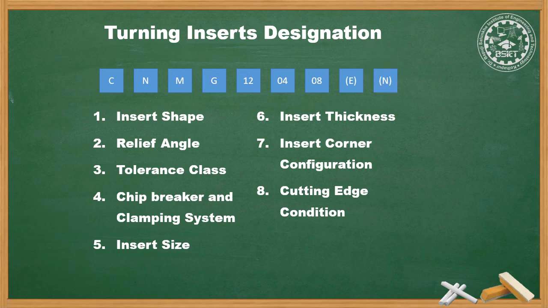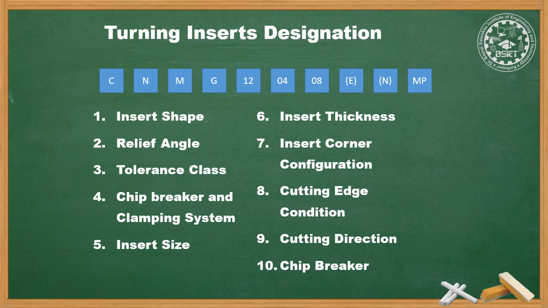Next is the cutting direction, that is right hand direction, left hand direction or neutral direction. Usually there are 3 directions which we know: right hand, left hand and neutral direction. And the last is chip breaker system.